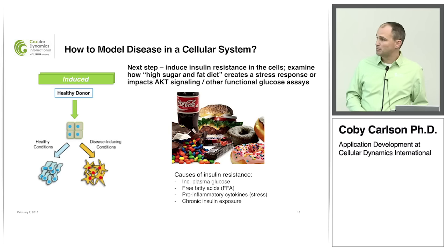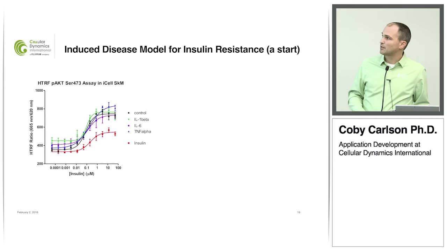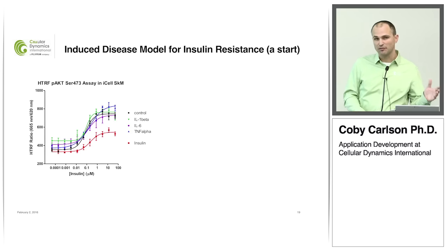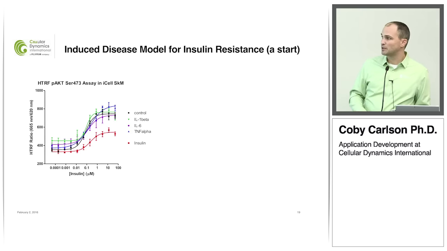So we were trying to put this stuff together and see, well, what could happen? And again, this is just really the beginnings of doing this. This data here is using the skeletal myoblasts differentiated to myotubes. In that time period, we decided to culture those in the presence of some of these different pro-inflammatory cytokines to see what the effects were.